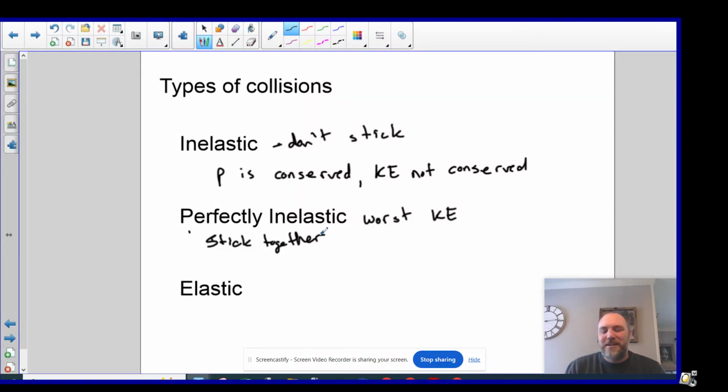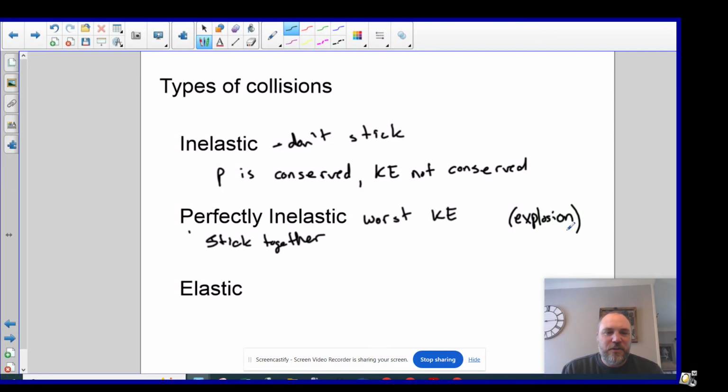We just combine the masses. This is also the same way that we would mechanically approach an explosion. Okay, so instead of materials starting separate and ending up as one, in an explosion all the masses are starting as one and they're going off in separate directions. So it would just be a reverse perfectly inelastic collision.